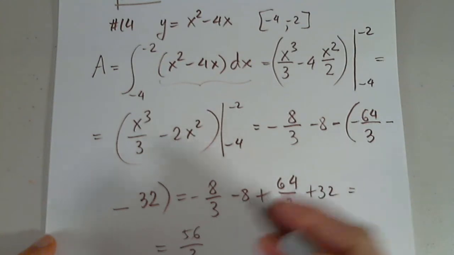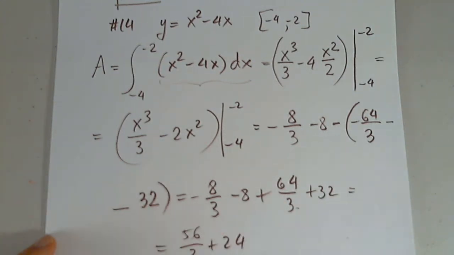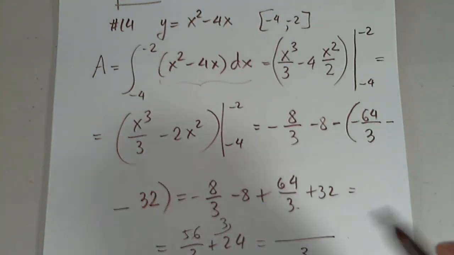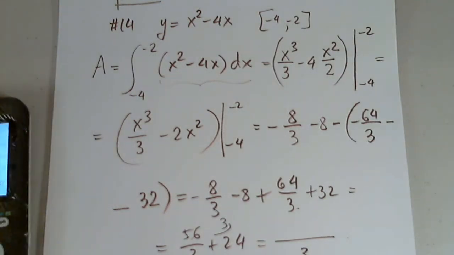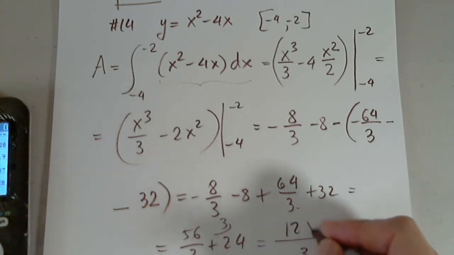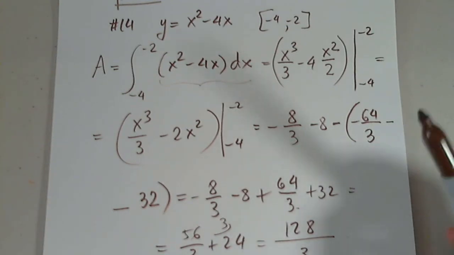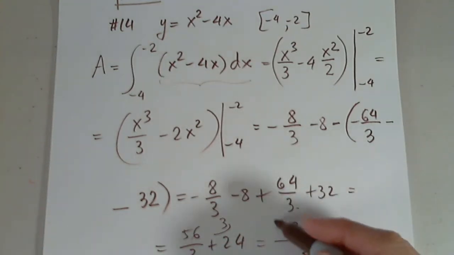And then 32 minus 8 is 24. Now the least common denominator is 3, and this one needs to be multiplied by 3. 56 plus 3 times 24 is 128. So this is the area under the graph of x squared minus 4x between -4 and -2.